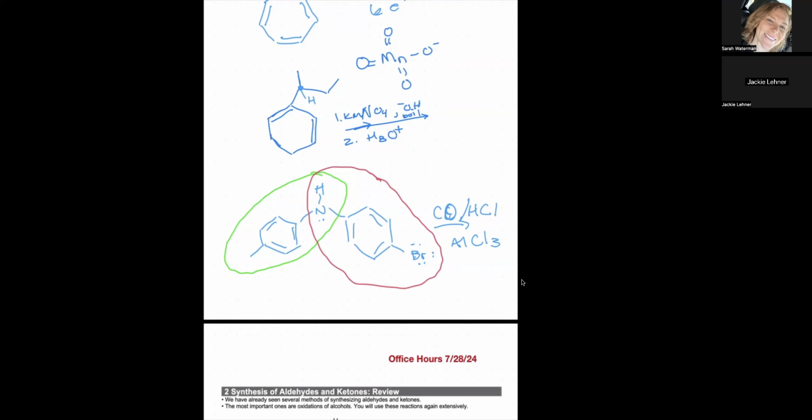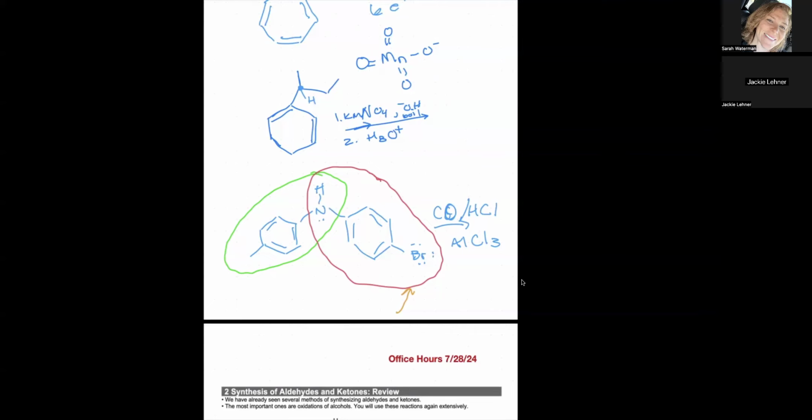If you were looking at this position, it is kind of considered a withdrawing group in a sense still. So it wouldn't necessarily be on that ring, right? As opposed to this green ring, where you have donating groups. So you're going to listen to your donating groups before you listen to a withdrawing group, right?